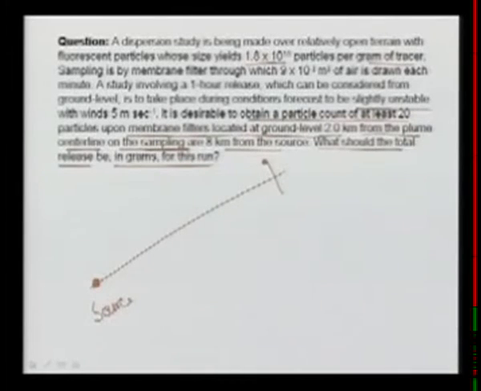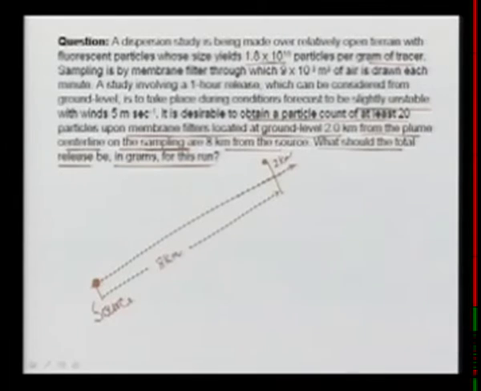This distance is 8 kilometers, and the sampler is located at ground level, 2 kilometers from the plume central line. Then this is my plume and this is my 2 kilometers. If that is the case, I have to find out the total quantity that I need to release.